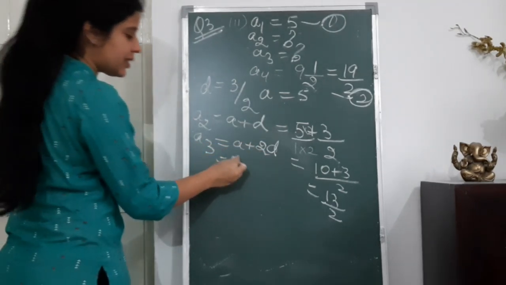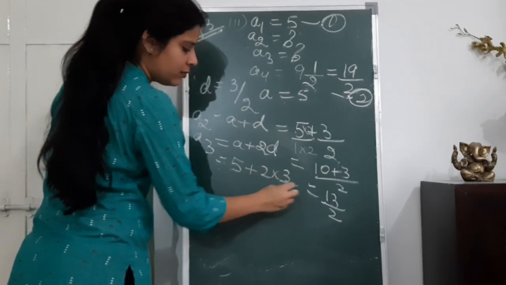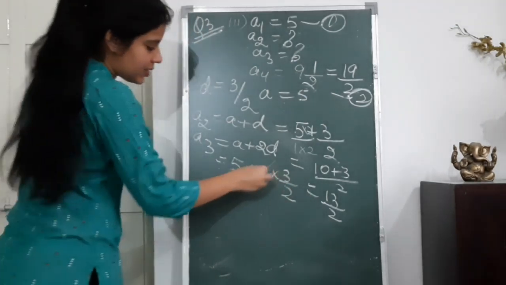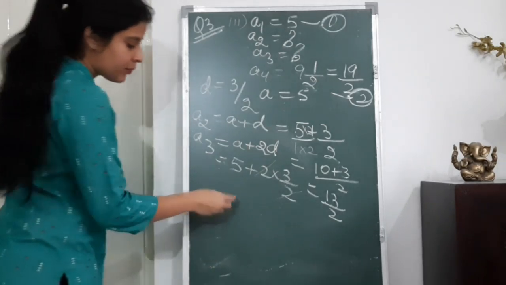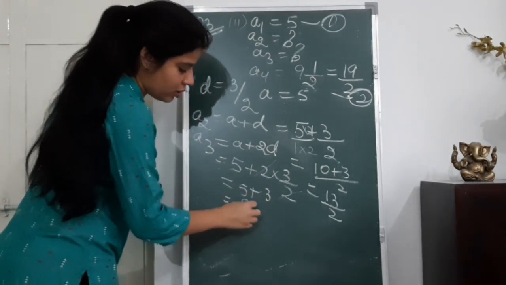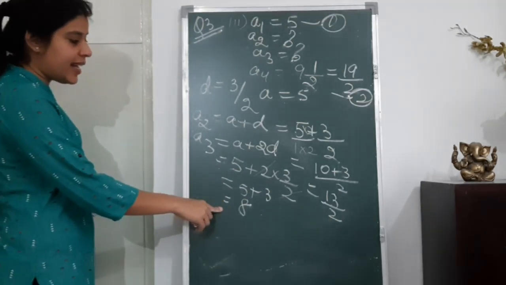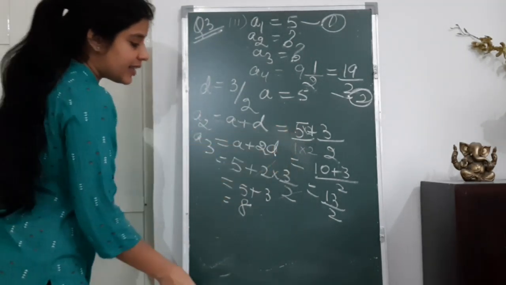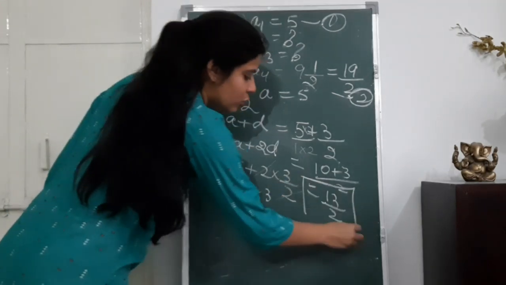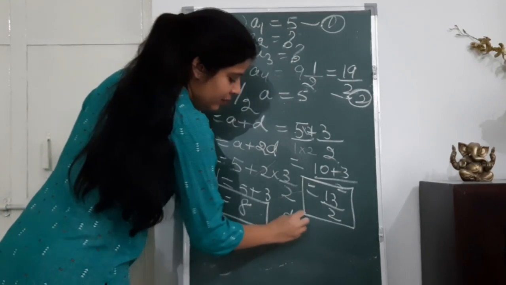A in this case is 5 plus 2 into 3 by 2, right? So this 2 and this 2 will get cancelled, and what I will have? 5 plus 3, which is equal to 8. So the value of A3 is 8 and the value of A2 is 13 by 2. So these two are the missing terms of this AP.